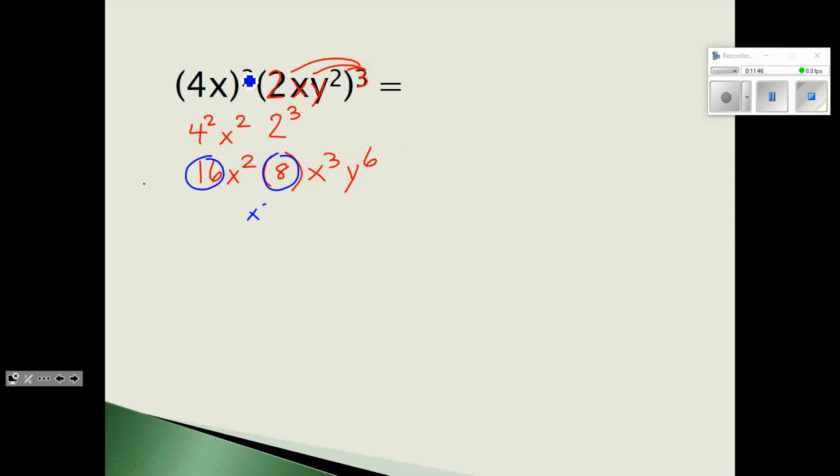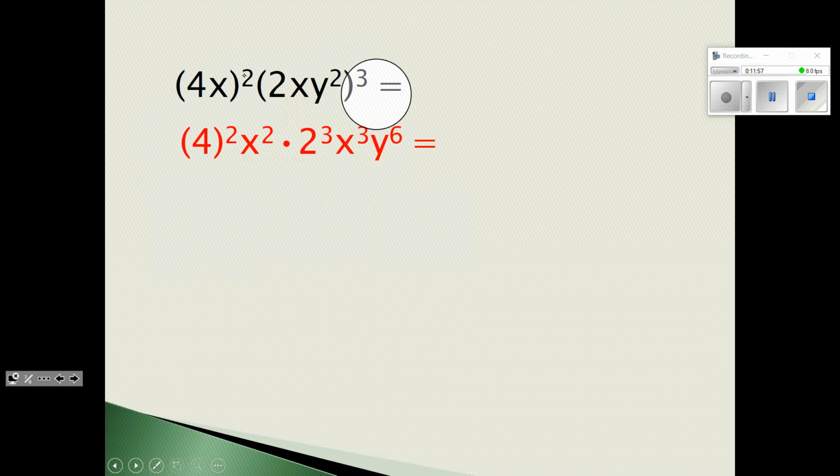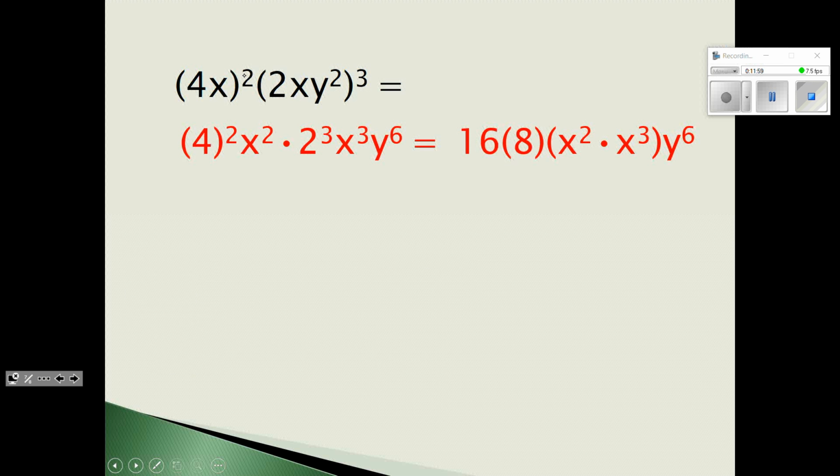Then we have x squared times x cubed that you can group together, and you have y to the sixth power. And when you simplify all of that, you are going to have 128 because 16 times 8 is 128. X cubed times x squared is x to the fifth power, and then you have y to the sixth power.